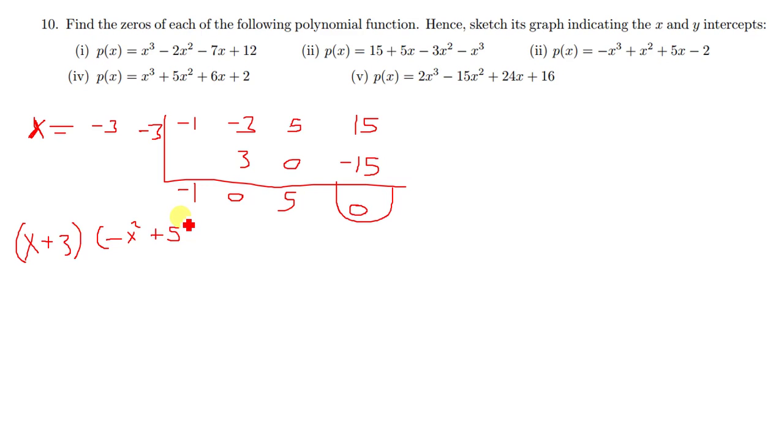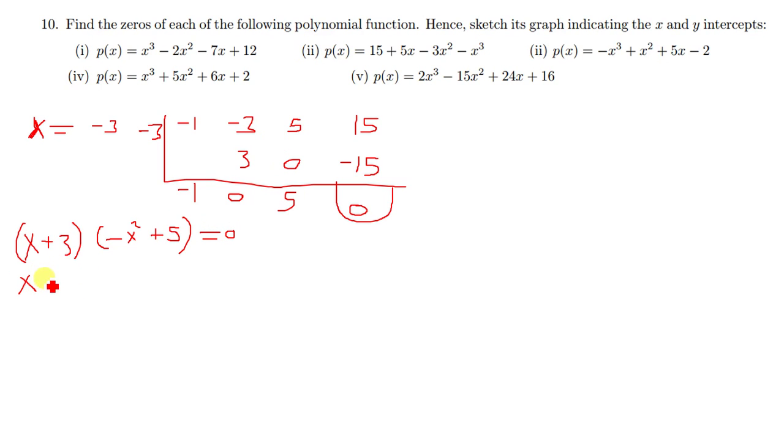And then from there, you factorize this. When you equate these things to 0, you equate them to 0 in order to find the x-intercepts.